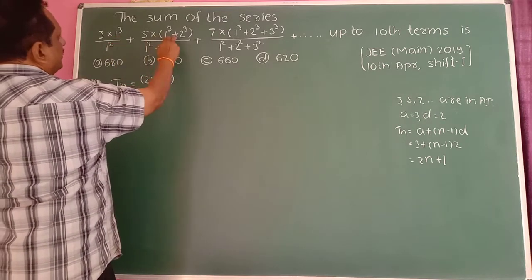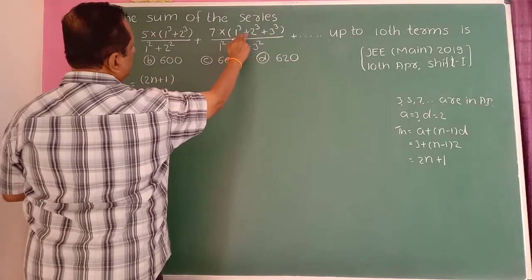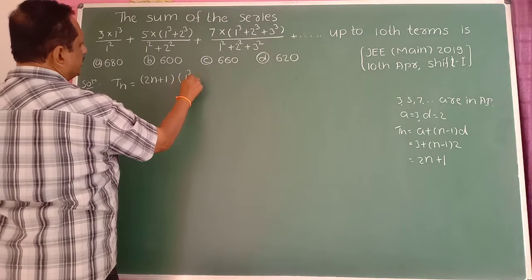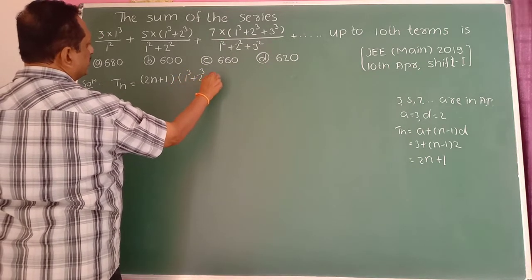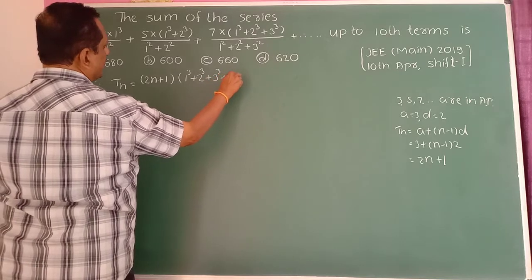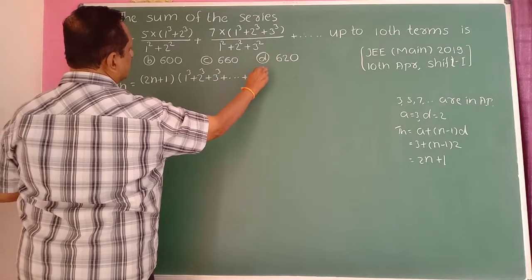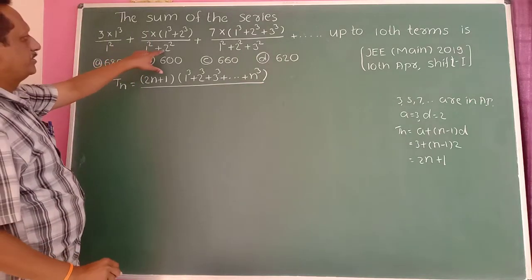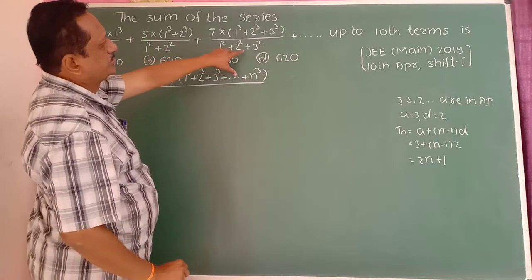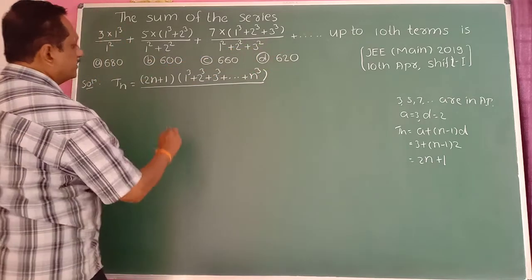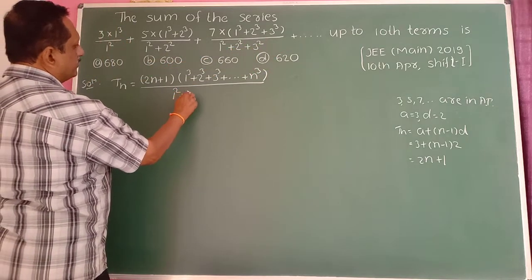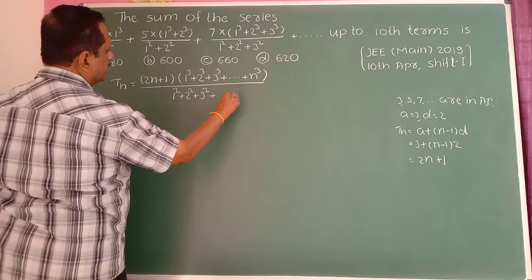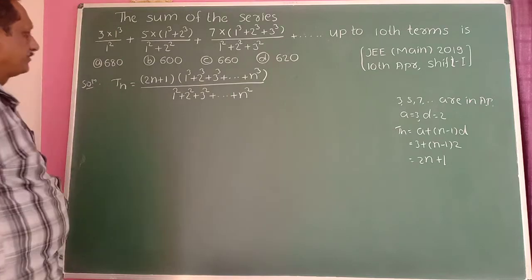Next, 1 cube plus 2 cube, 1 cube plus 2 cube plus 3 cube and so on. Therefore, the nth term must be 1 cube plus 2 cube plus 3 cube and so on plus n cube, divided by the denominator 1 square plus 2 square, 1 square plus 2 square plus 3 square and so on up to the nth term, 1 square plus 2 square plus 3 square and so on plus n square.